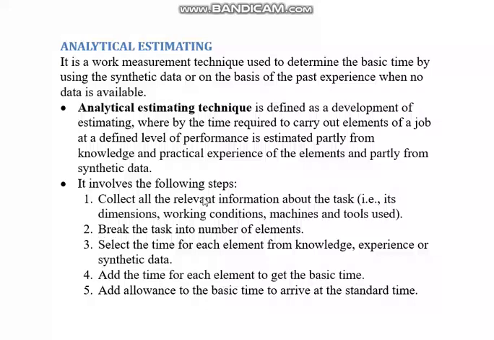You collect all relevant information. Then afterwards, the second step is to break that task into a number of elements, small-duration work elements. Now select the time for each element from knowledge, experience, or synthetic data.